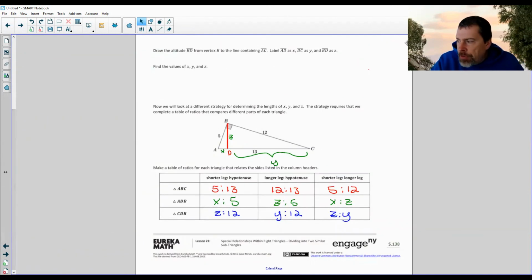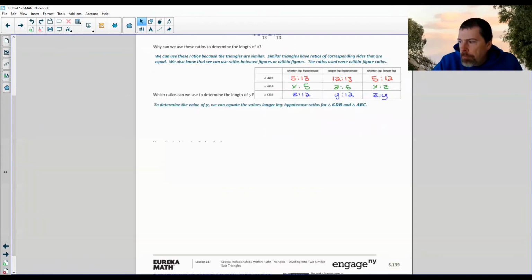So let me copy it over so I don't have to keep going back and forth. Okay, so it says, which ratios can we use to determine the length of y? So I brought in the table. We already answered this. So I'm going to use CDB and ABC. And we're going to use long leg to hypotenuse.